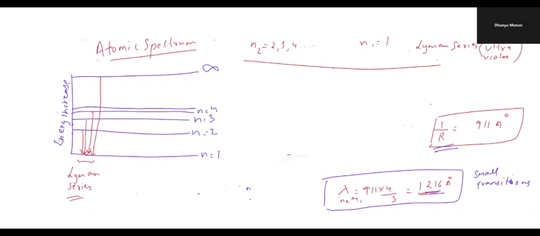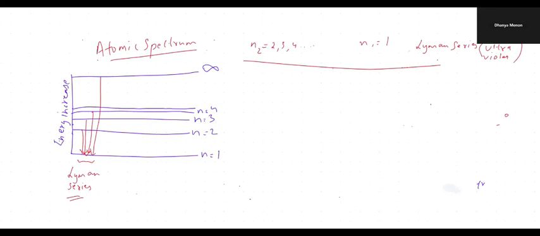Now if the electron jumps from n is equal to 3, n4 to n2, n5 to n2, etcetera, up to n infinity to n2, then the series formed is called the Balmer series.